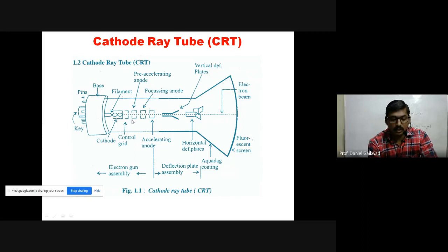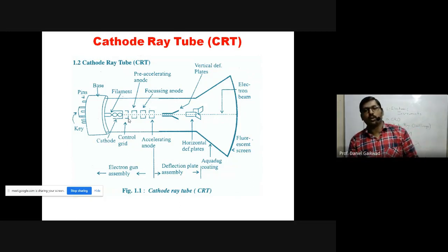Now, if the control grid is given negative potential, then since electrons are negatively charged particles, there is a repulsion. So the electrons stop moving towards the control grid and stop moving towards the screen. With the help of negative potential, electrons do not go towards the screen, so we can block the electrons by giving negative potential to the control grid.